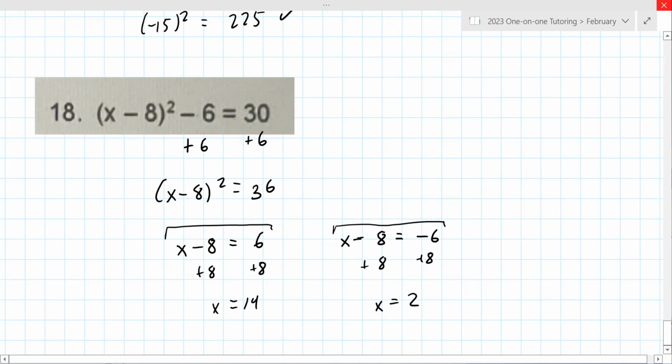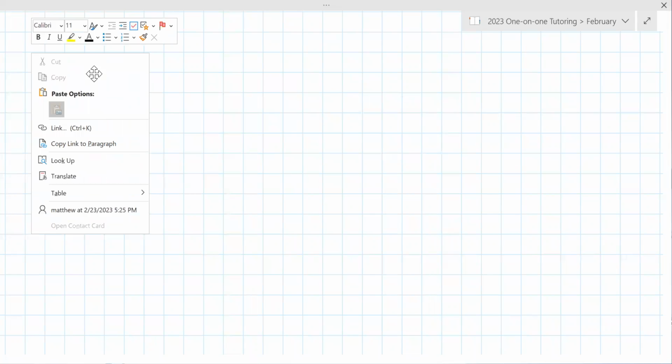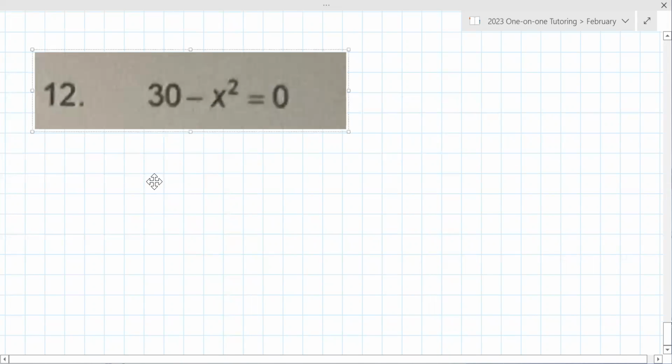All right, so we're going to go back to number 12 now. And this one's a little bit different, but it leads us into the other problems. So I'm going to add x squared to both sides. And then I'm going to rewrite it so the x squared is on the left.